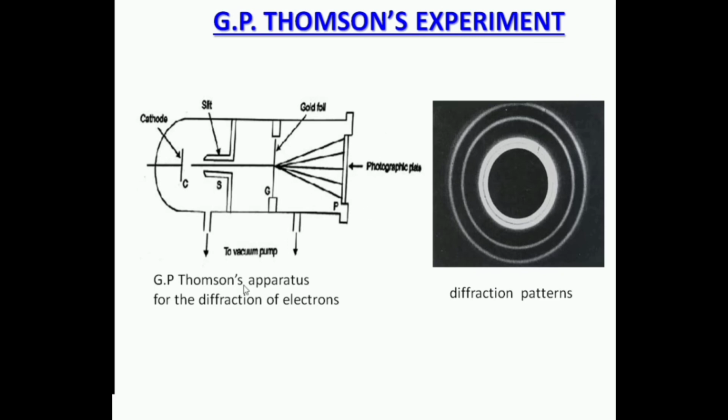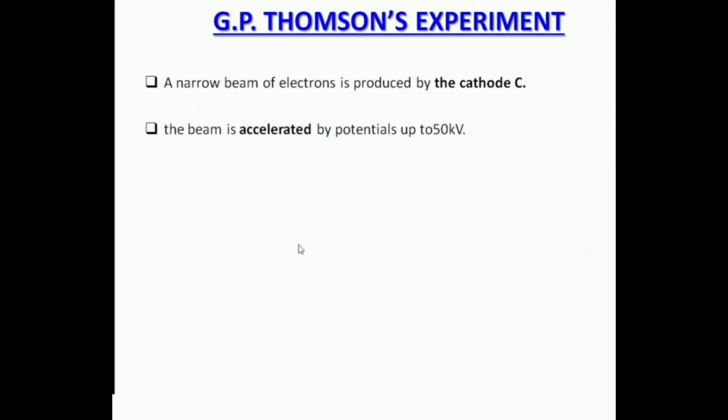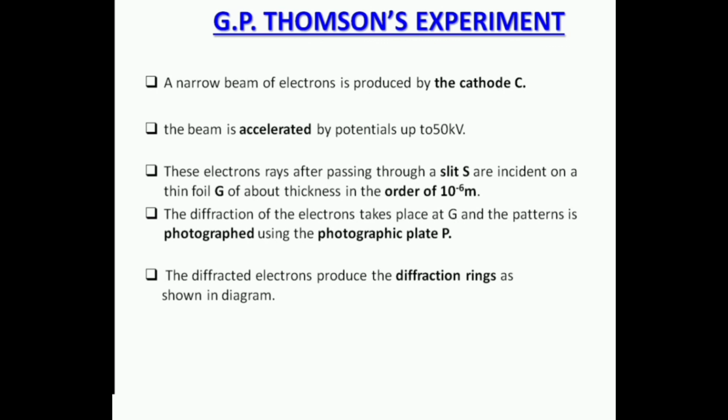This is G.P. Thomson's apparatus for diffraction of electrons. A narrow beam of electrons is produced by the cathode C. The beam is accelerated by a potential of up to 50 kilovolts. These electron rays, after passing through a slit S, are incident on a thin foil G of thickness of the order of 1 micrometer.